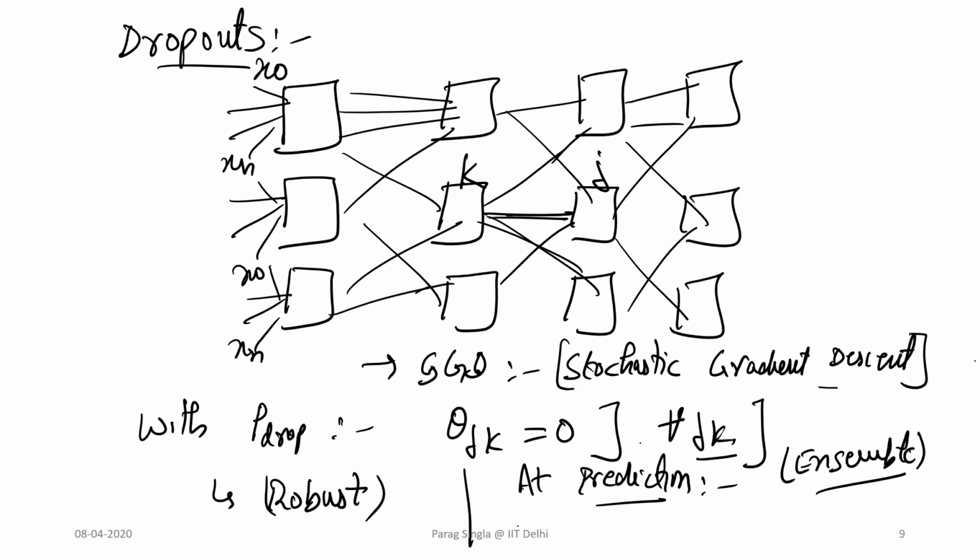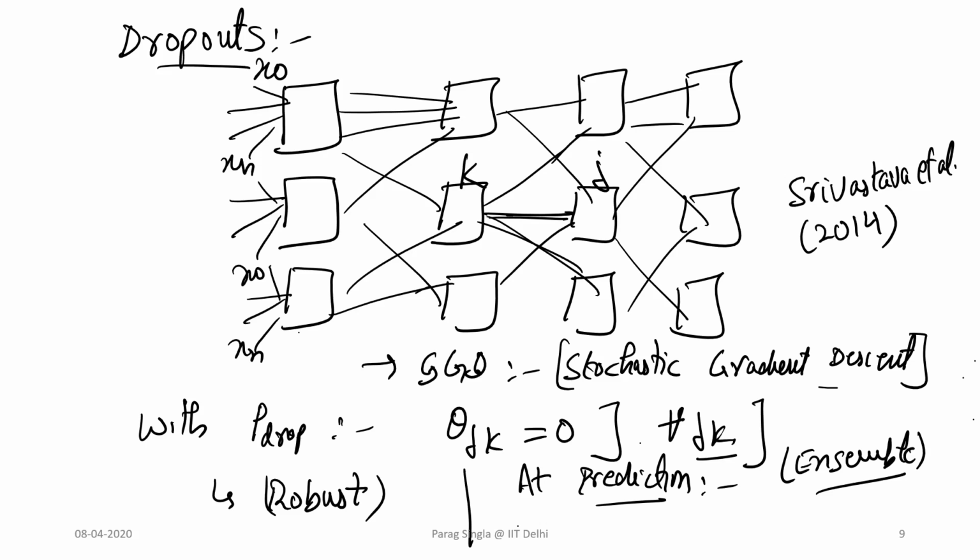For more details I will refer you to work by Srivastava et al., the 2014 paper on dropouts. Many variations and enhancements have been proposed of this original dropout idea, but the original idea can be found in the paper that I referred to here.